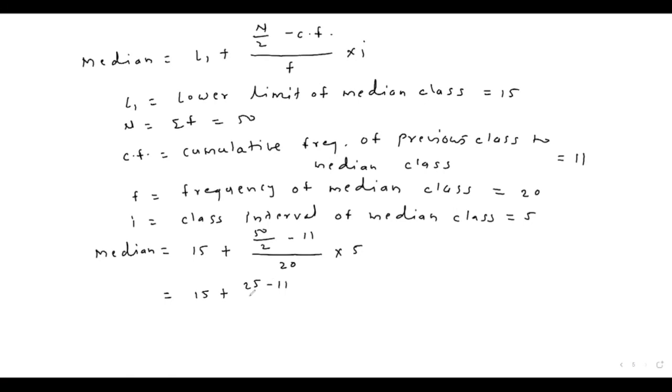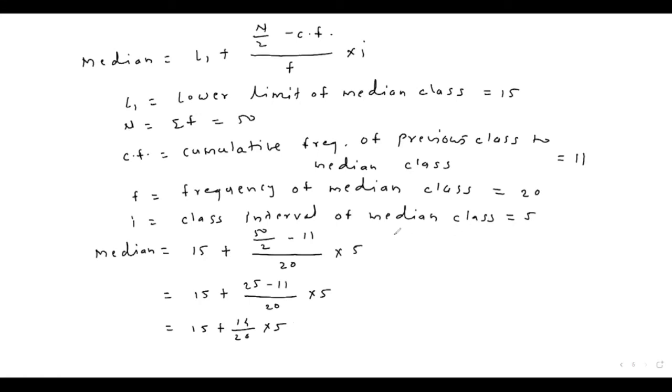So 25 minus 11 gives me 14, divided by 20 into 5.